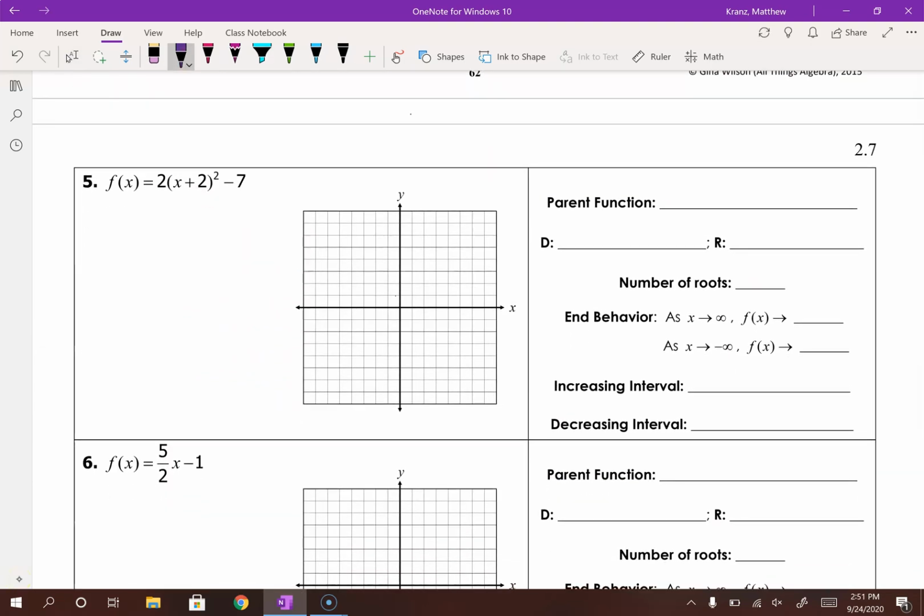All right, number 5, we could see that this is a quadratic. And we can see that we're at -2, -7. So -2, -7 all the way down here. And that's our vertex. So if we make a t-table for this, let's make a bigger one.